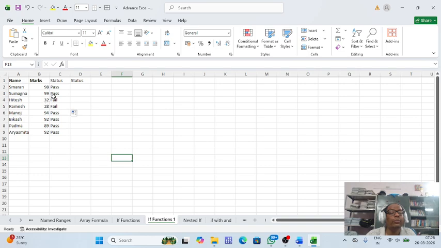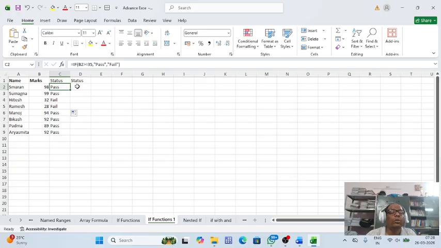Some people have scored 32 and 28. So the criteria is if the mark obtained is more than or equal to 35, then the status will be pass, otherwise fail. The formula we have applied is IF B2 is greater than or equal to 35, then pass, otherwise fail.